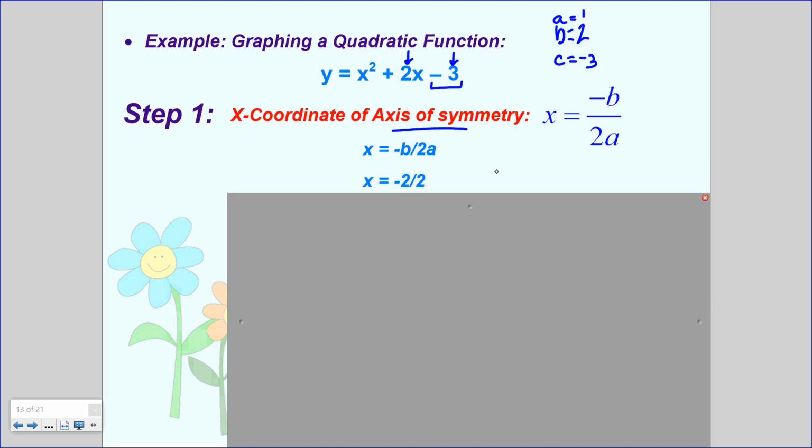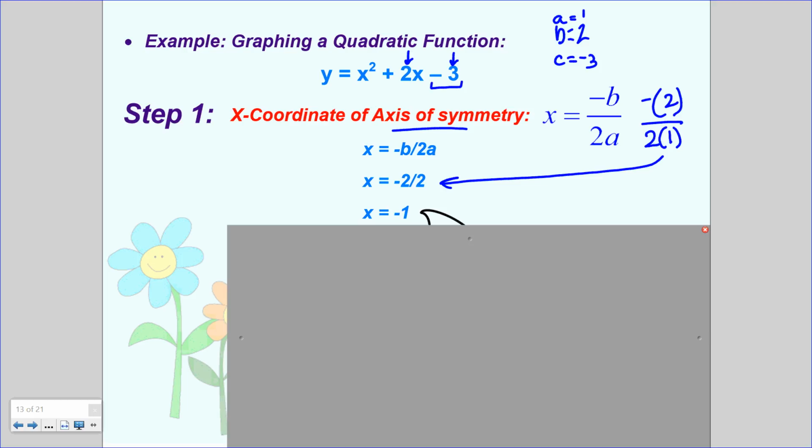So in this case, B is 2 and A is 1. So I'm going to write negative 2 over 2 times 1, which will simplify to negative 2 over 2, which all the way simplifies to x equals negative 1.